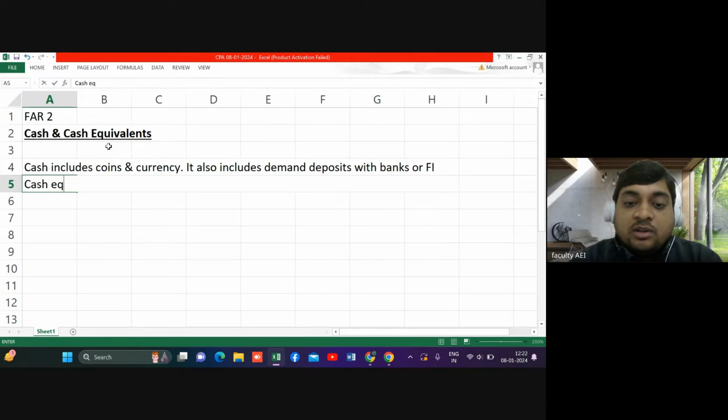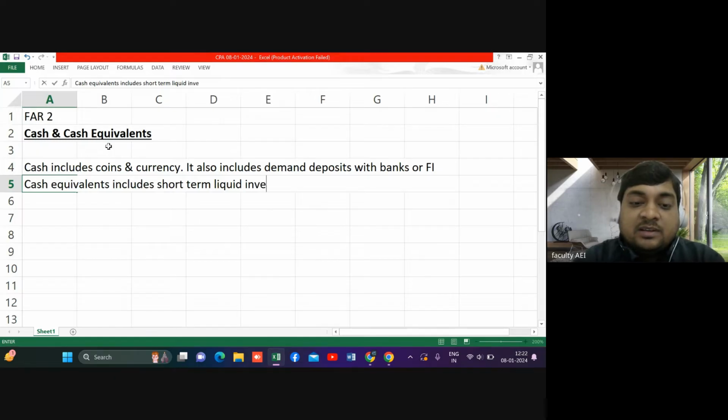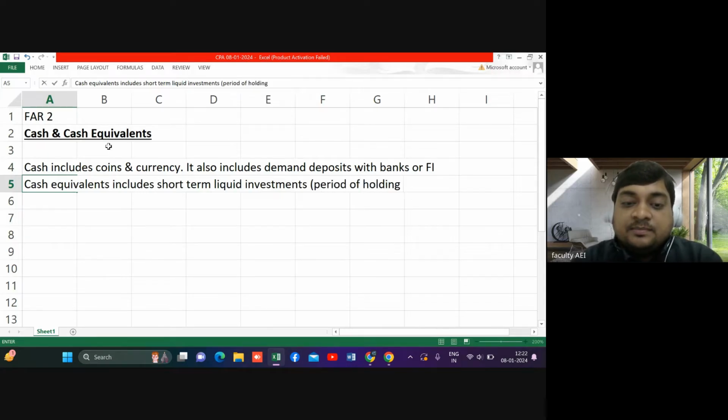And if I talk about cash equivalents, it includes short-term liquid investments, period of holding less than 90 days, right?